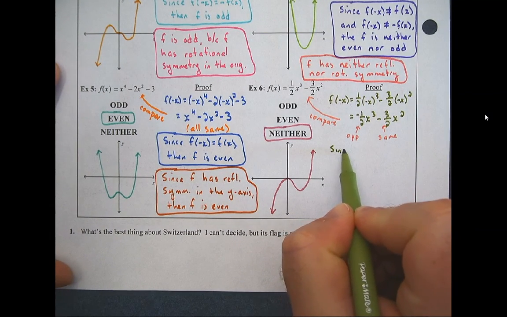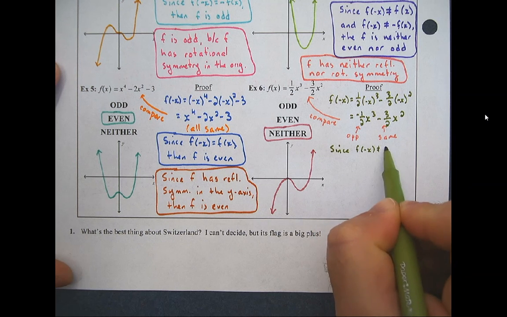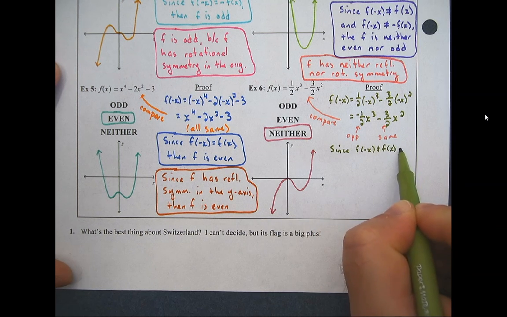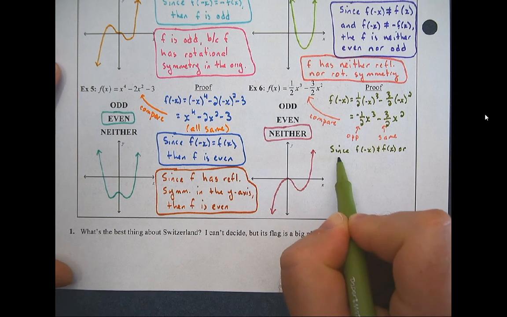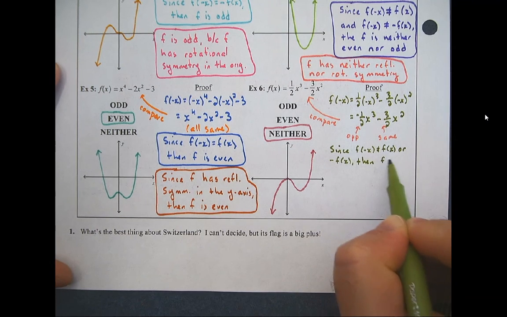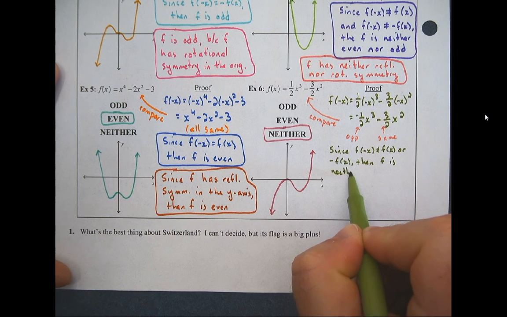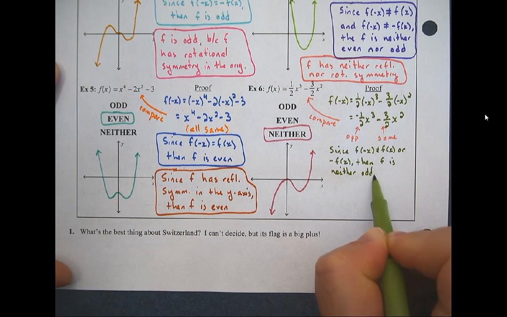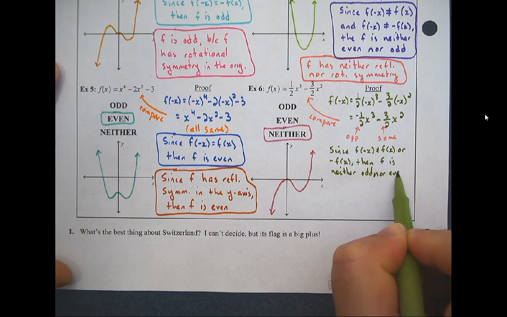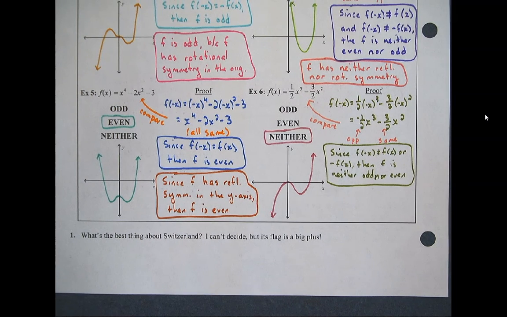So we would write a little argument. Since f of negative x does not equal f of x or negative f of x, then f is neither odd nor even. And then last one here, let's do a graphical argument.